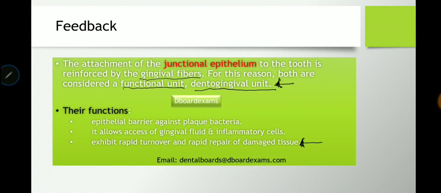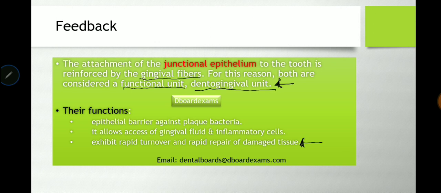So here's the feedback. The attachment of junctional epithelium to the tooth is reinforced by the gingival fibers, and for this reason both are considered a functional unit or dentogingival unit. The function of junctional epithelium and gingival fibers as a dentogingival unit is to provide an epithelial barrier against plaque bacteria.